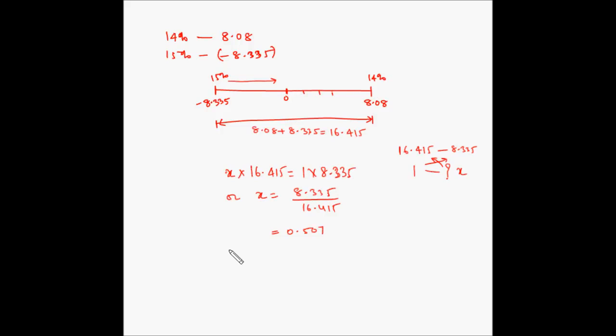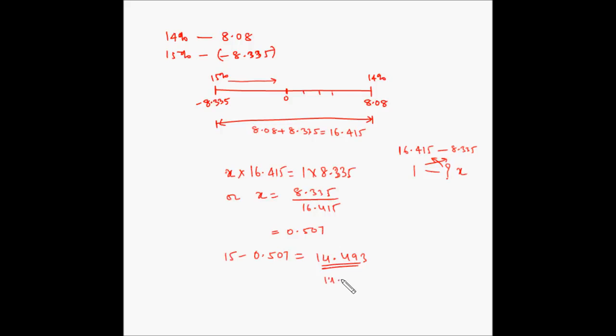So 15 minus 0.507, this is equal to 14.493. So basically this is the rate of return at which NPV is going to be 0.